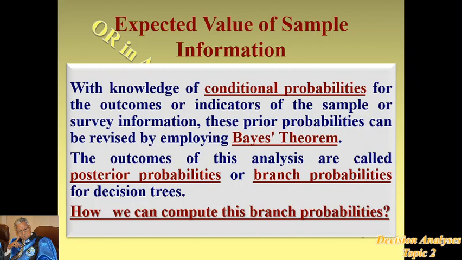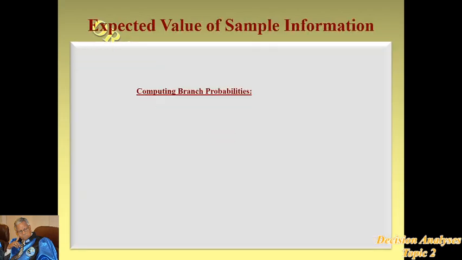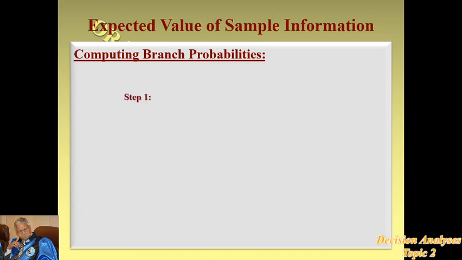This requires considering our example of Burger Prince with a certain modification. How can we compute the branch probabilities?